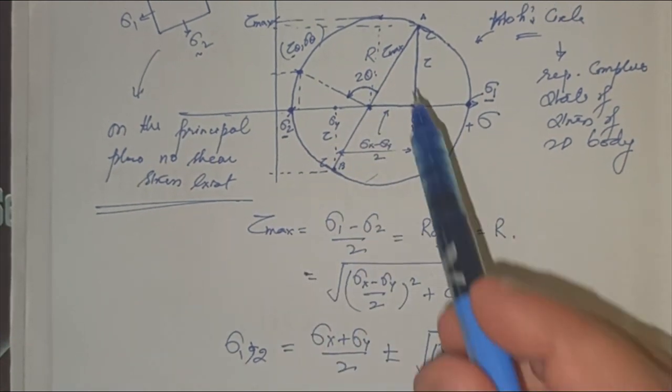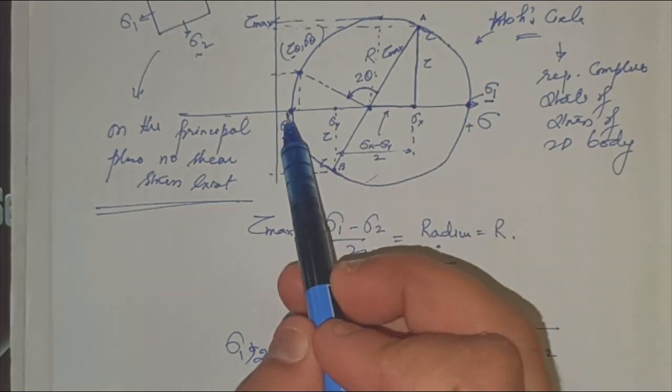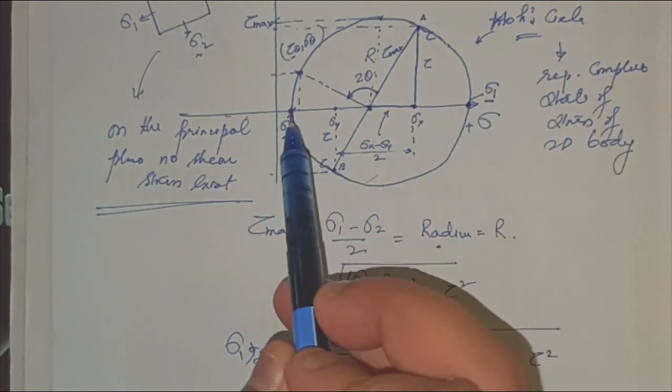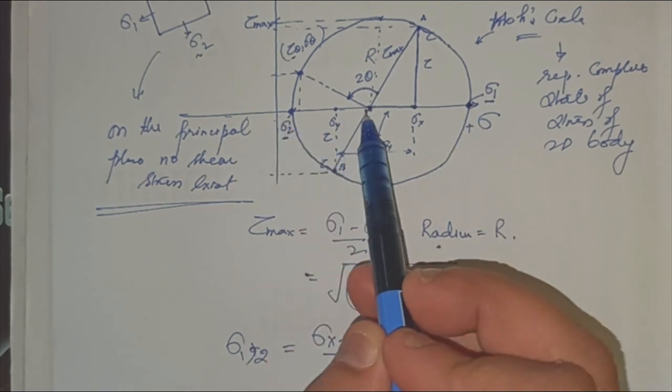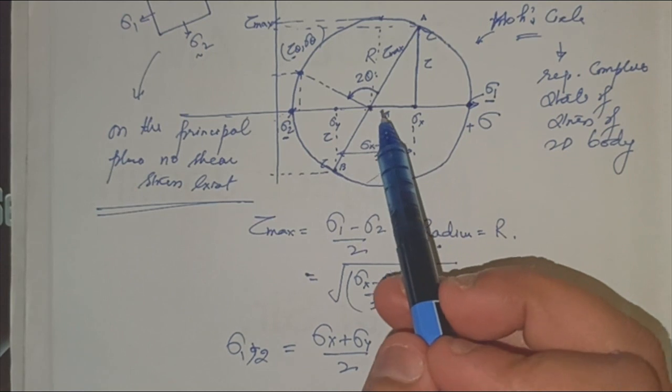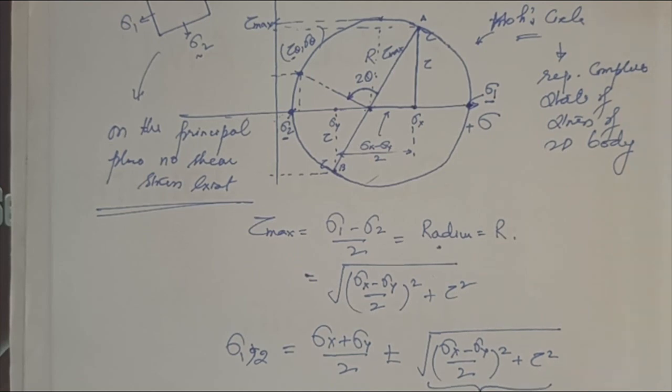So just see this triangle again. Sigma 1 and sigma 2 are required. Let's find sigma 1 first, from this side. This part is r, tau max, the radius of the circle.